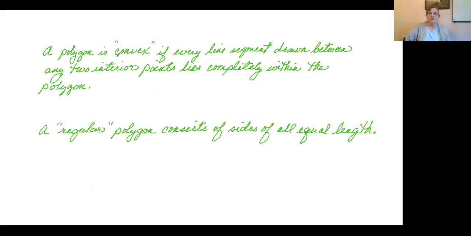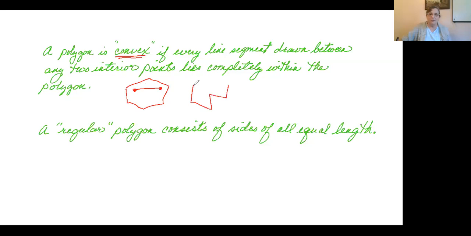Generally, we think of convex polygons. With a convex polygon, it's not possible to draw a line between any two interior points that would cross outside of the shape. So if we have this, notice here that any 2 points drawn within the polygon, if you draw the line segment between them, it will also be interior.